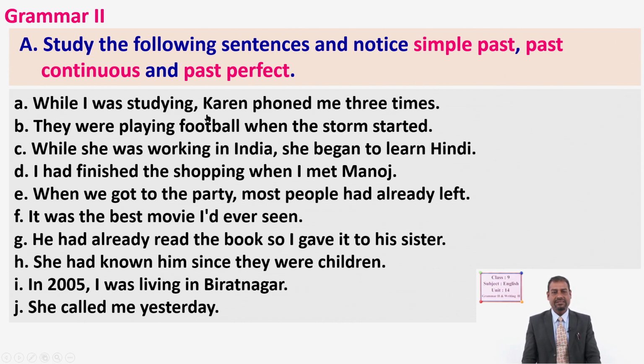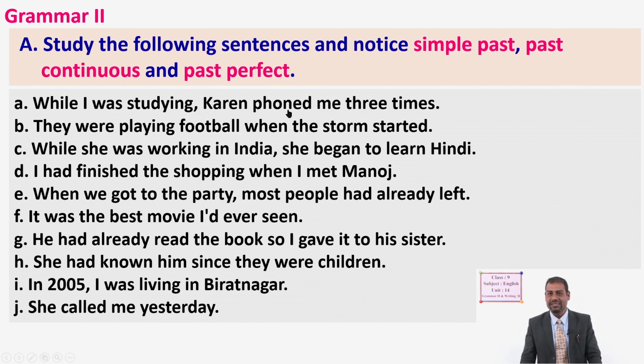While I was studying, Corinne phoned me 3 times. Now, in this sentence, can you tell me whether we have used here simple past or past continuous or past perfect? Which one is this? Okay, fine. We have used here past continuous in the first part and then in the second part, what is it?